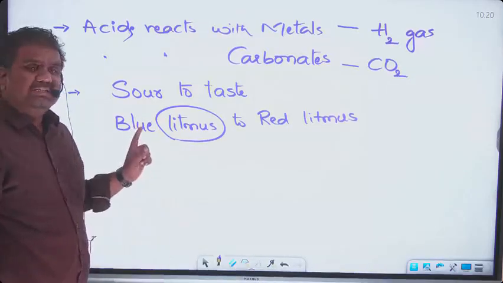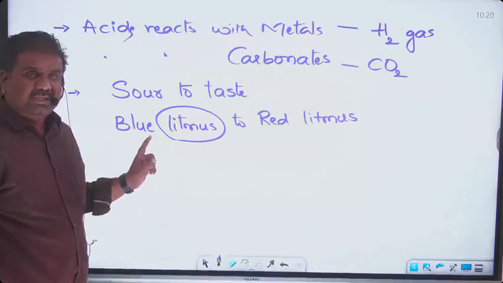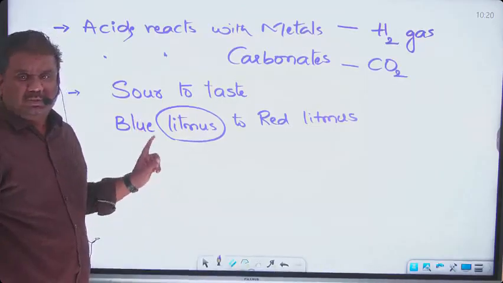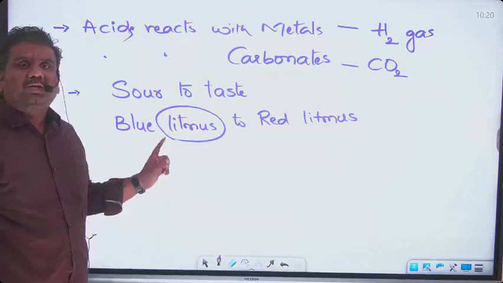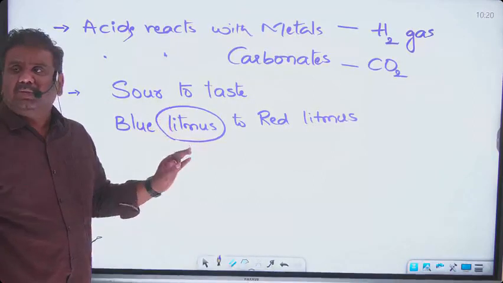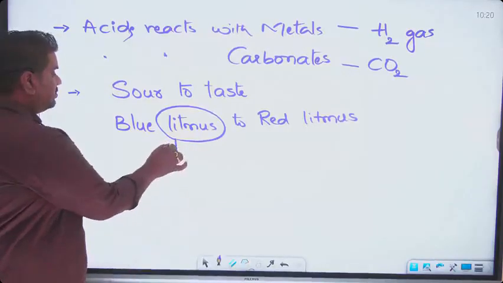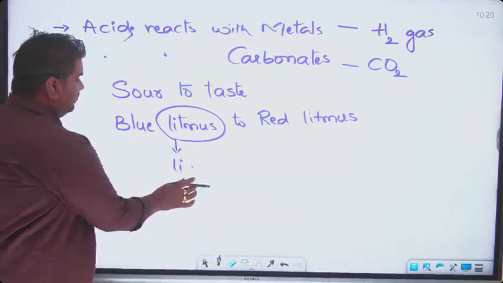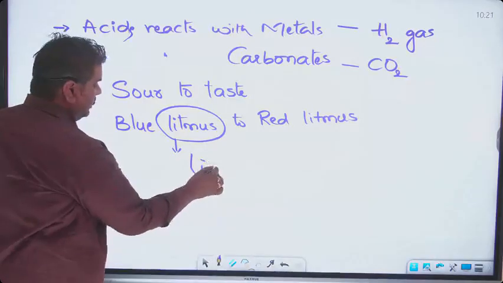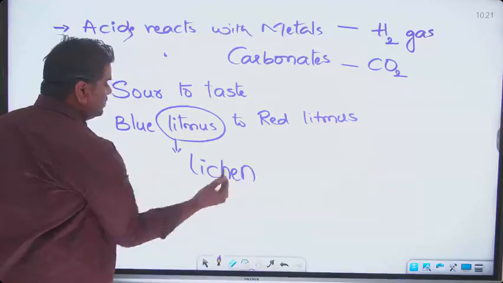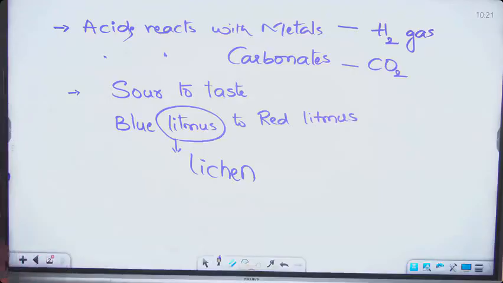Whether it is a natural indicator, meaning one available naturally in nature, or a chemical indicator. Litmus paper is a natural indicator. The reason is that litmus paper is obtained from a plant known as lichen. It is obtained from the lichen plant.